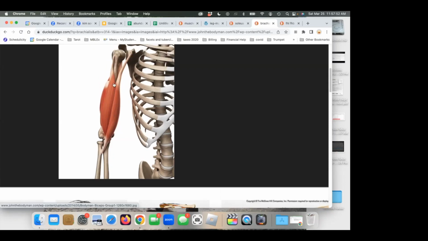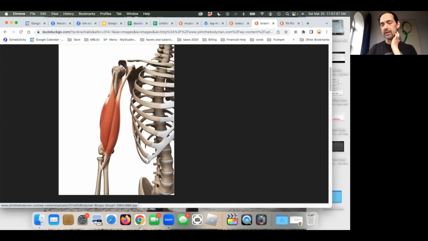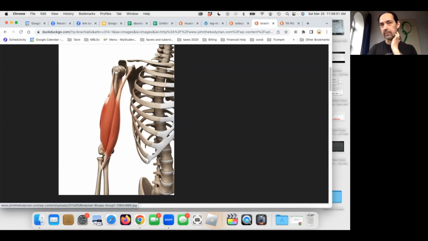And if you look at the tendon of the biceps that goes through the biceps notch in the humerus, that would pull the humerus this way. It would actually flex the humerus a little bit, but there's also an attachment down here, I think, to the ulna, and it would move that one a lot more.